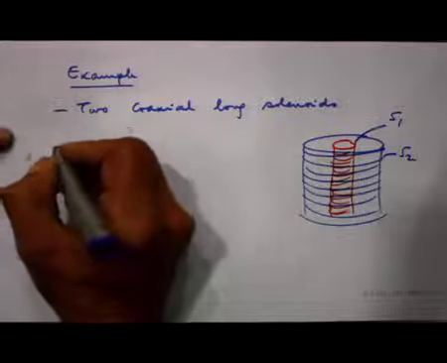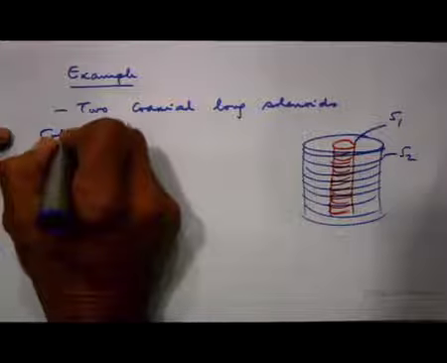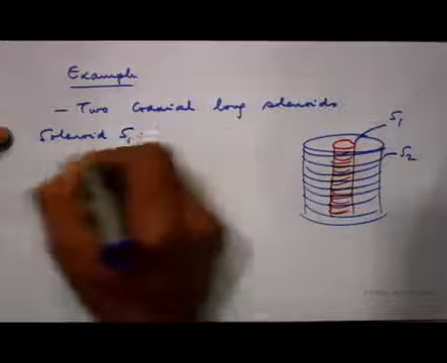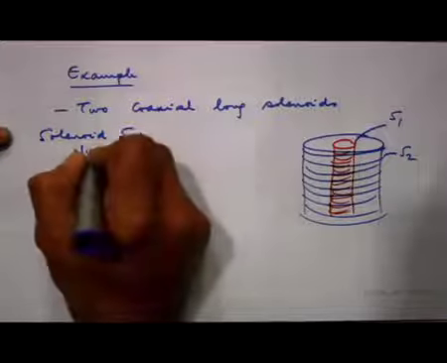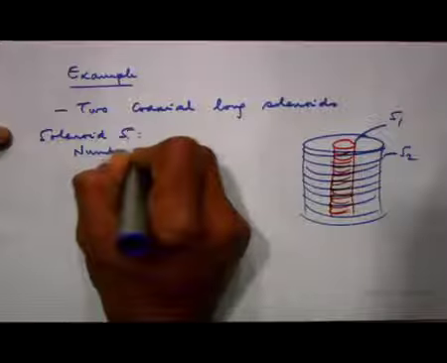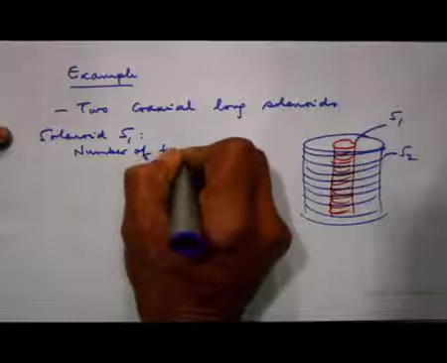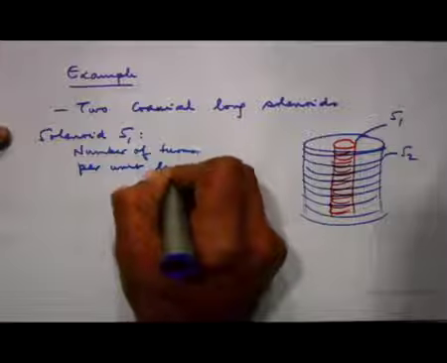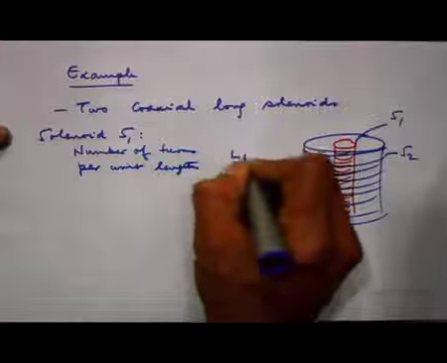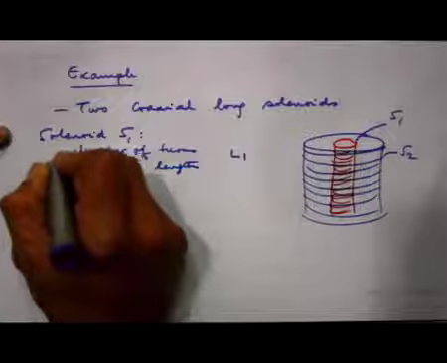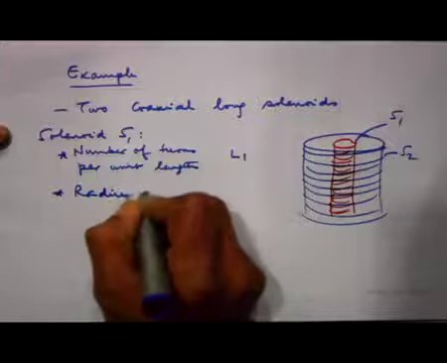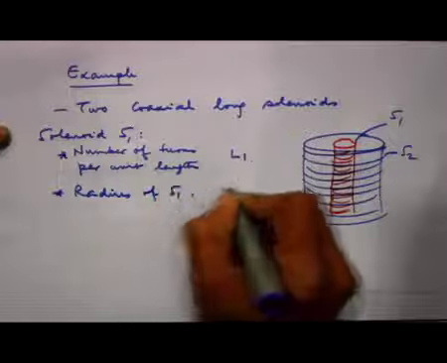So, I have solenoid S1, number of turns per unit length N1, radius of S1 is R1.